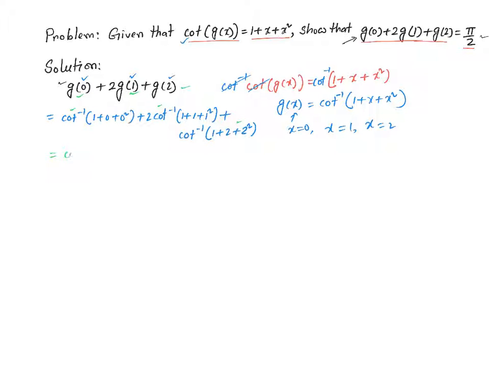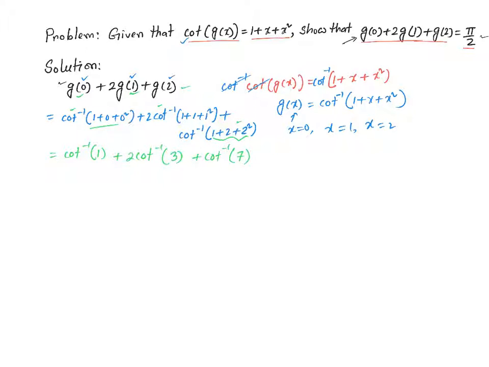It's going to be cotangent inverse of 1, the first one, plus 2 cotangent inverse of 3 plus cotangent inverse of 7, because if I simplify this, it gives me 7.